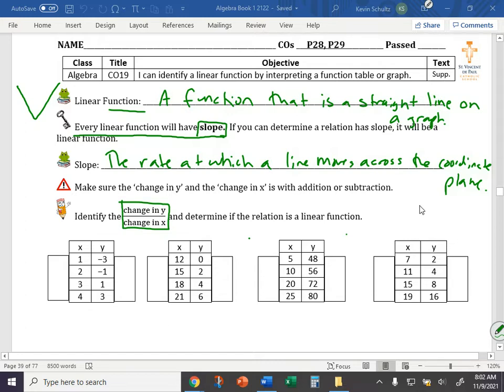And the run going horizontally across the x-axis is going to be the change in x. So today we're going to focus on identifying that change in y over change in x to determine if there is slope. Because if there's slope, then it is a linear function.